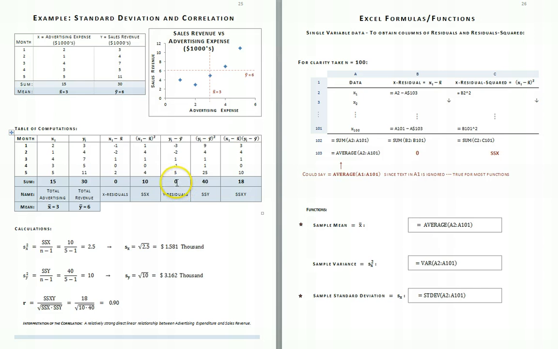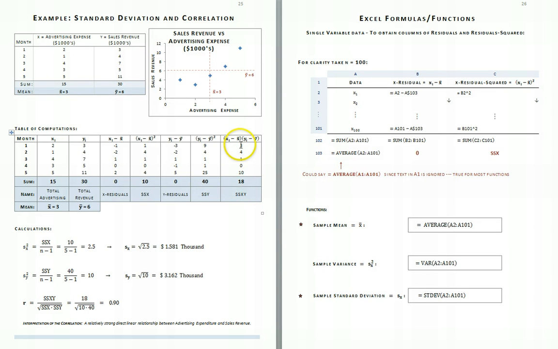Again, summing a column of all residual values, we get 0. Here are the sales revenue residuals squared. Minus 3 squared is 9, minus 2 squared is 4, etc. Summing that column, we get SSY for the sales revenue residuals squared.